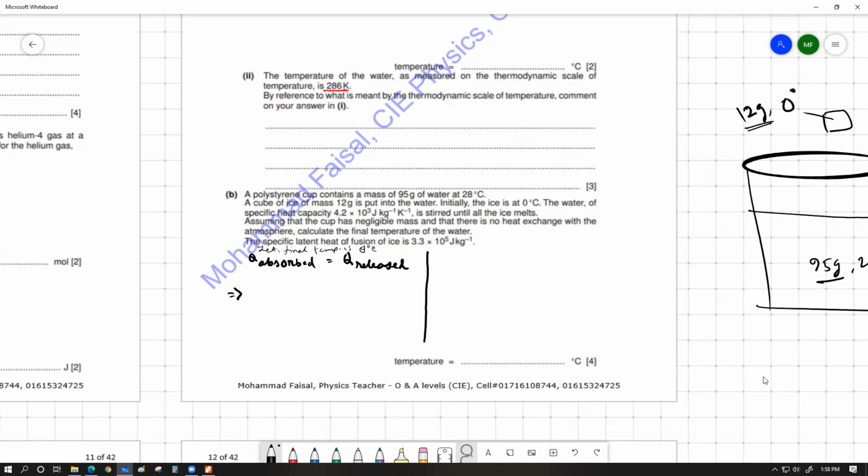Absorbed heat by the ice melting and the ice-melted water heating up. All of these constants are given in joule per kg per Kelvin, but the masses are given in gram.